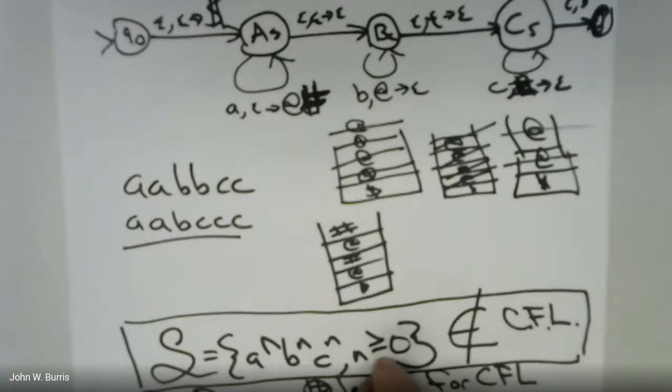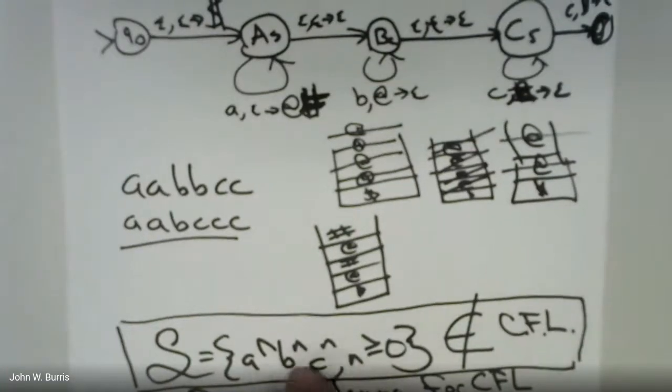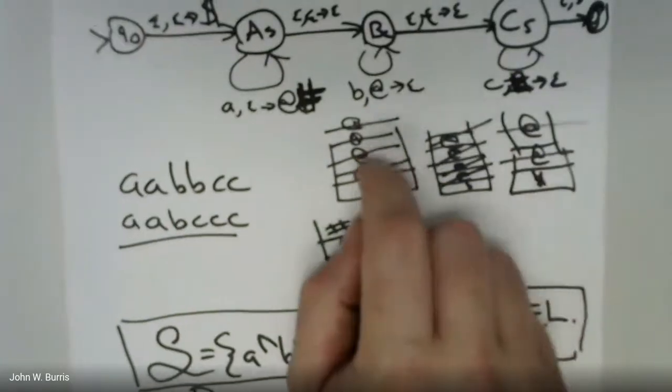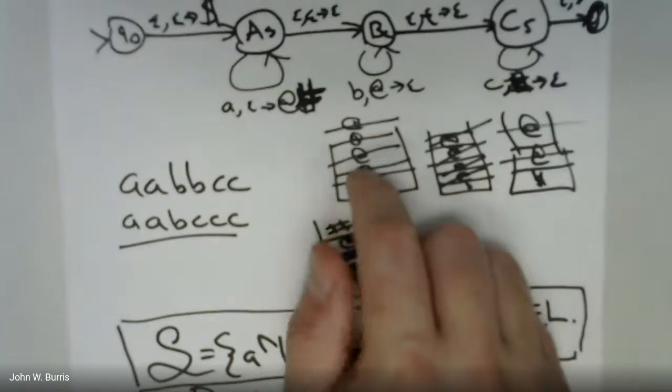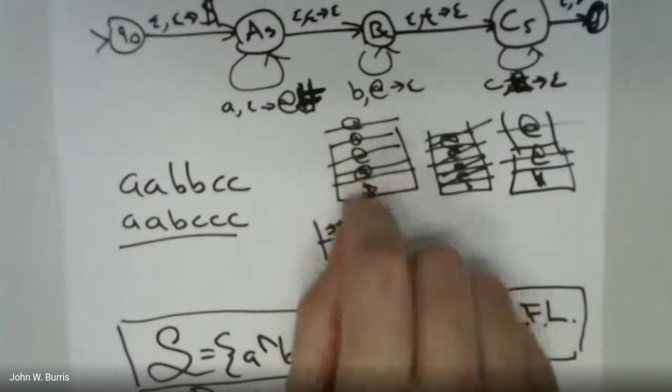I'm allowing you to say, as Dr. Burris stated in his lecture, the language A to the N, B to the N, C to the N is not regular. You can totally do that, all right? You'll need that for 2.22. The other reason that I wanted to show you that today is that I wanted you to be aware of what the limitations of this stack were, because it helps you understand the power of the stack as well.